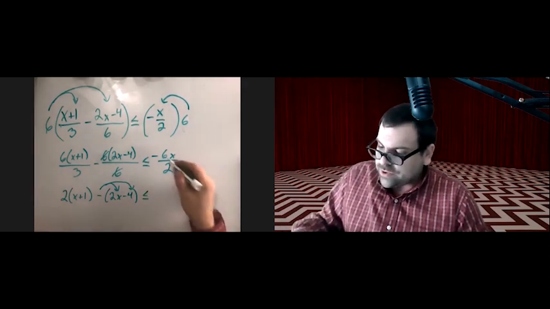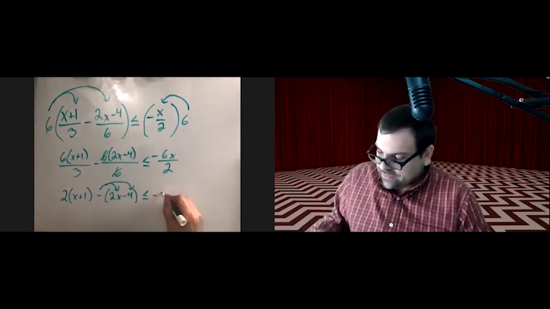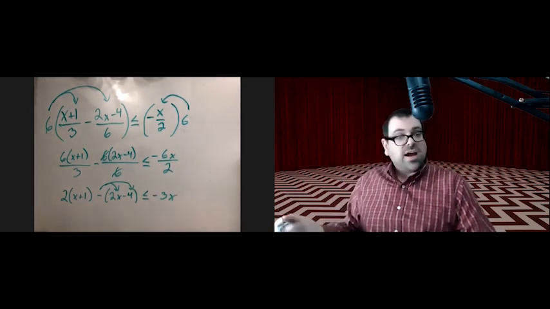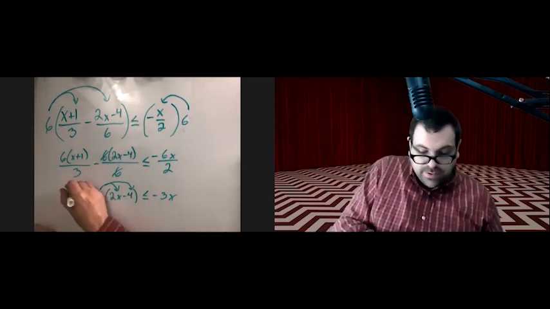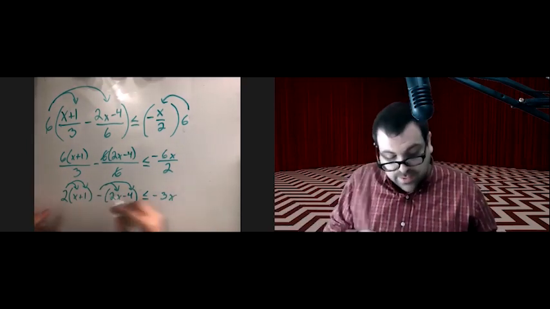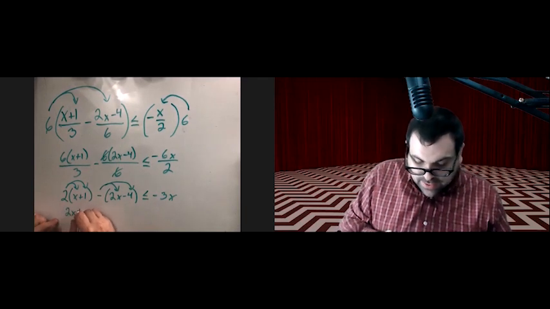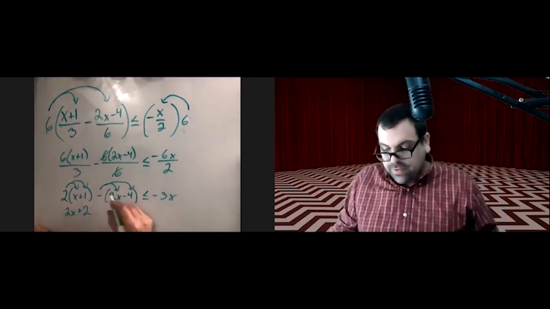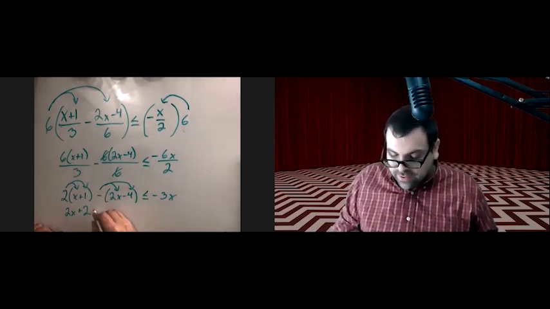Less than or equal to negative 6 over 2. That's negative 3x. And look at that. The fractions are gone. If I keep simplifying, I'll get rid of the parentheses next. 2x plus 2. Distribute to get that negative through there.